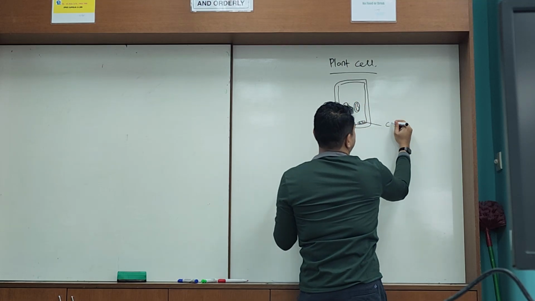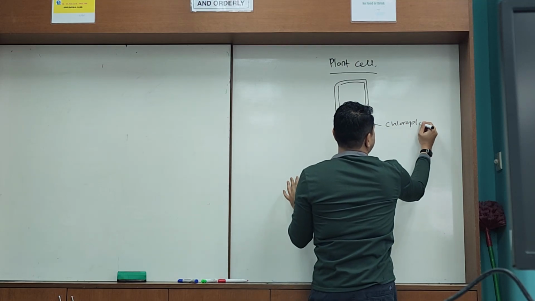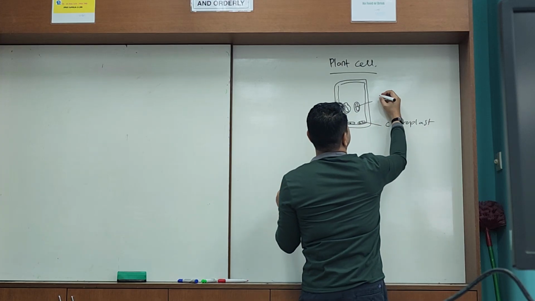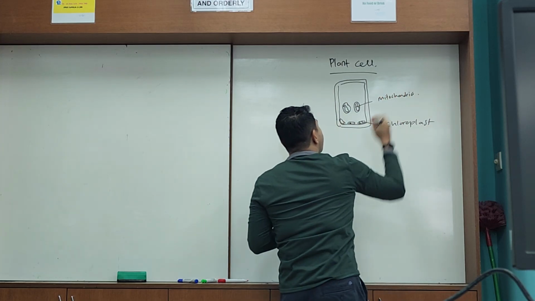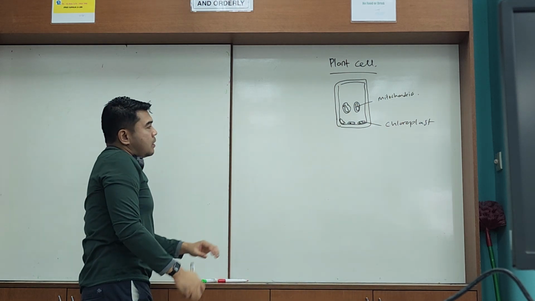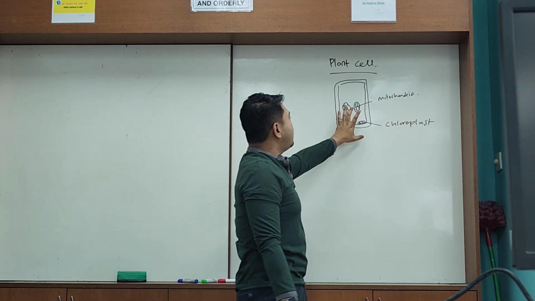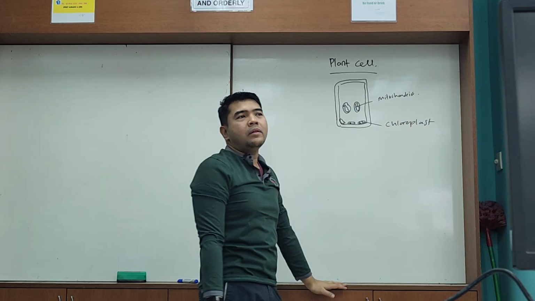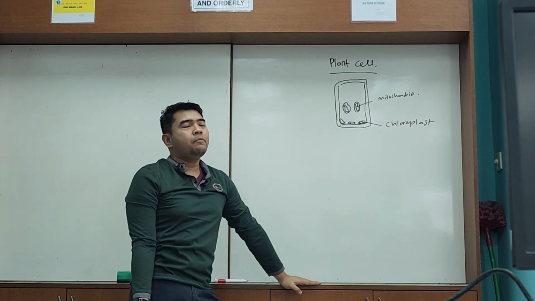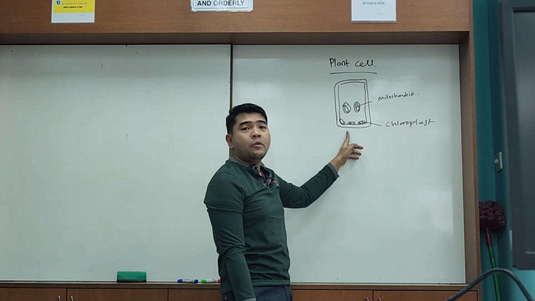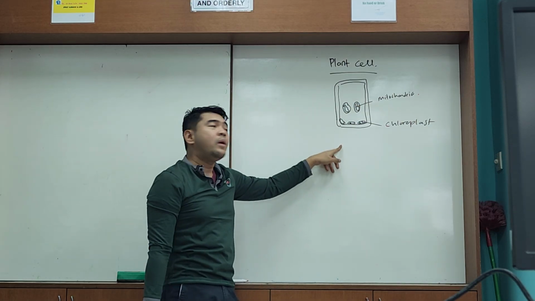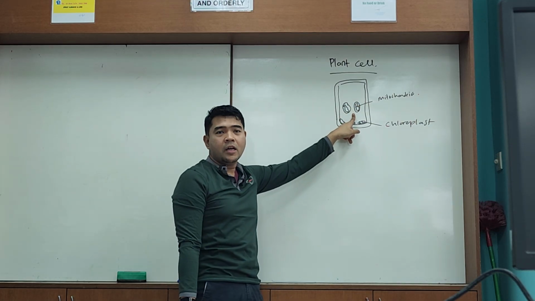So this is your chloroplast, and this is your mitochondria. You should know that these two actually will determine the performance of your crop and your harvest. One is producing the sugar, one is producing the energy.